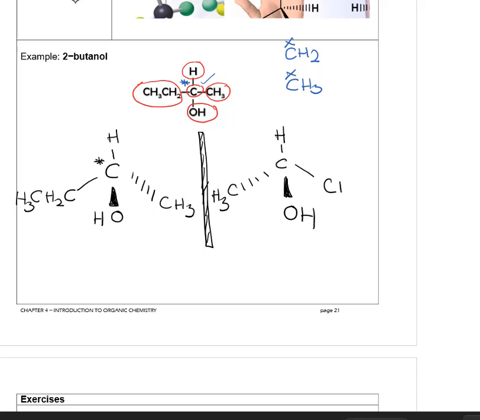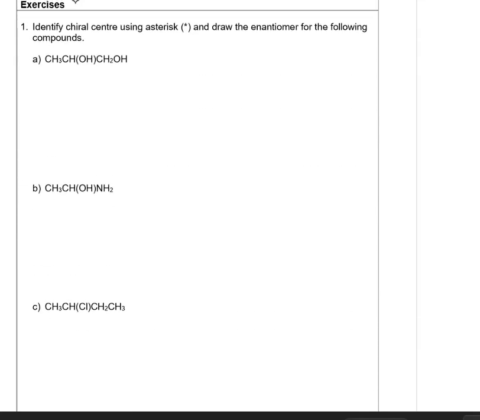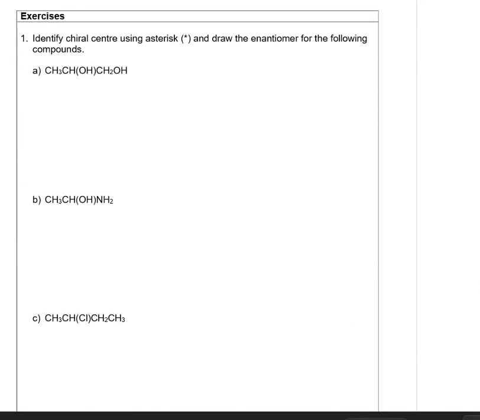Okay, so left and right molecule, so molecule A and molecule B, okay, there are 2 different molecules. So we call it as a pair of enantiomers. Okay, they both can rotate plane polarized light. Okay, so we look at this one.